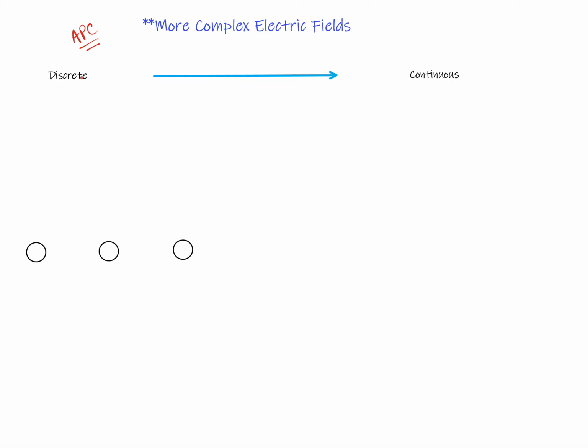So if we're looking at a discrete setting, okay, now this means distinct, at distinct locations, right? We have been looking at, well, what if I wanted to figure out the electric field at this point over here? Well, we've used the definition of the electric field due to a specific point charge in space, right?